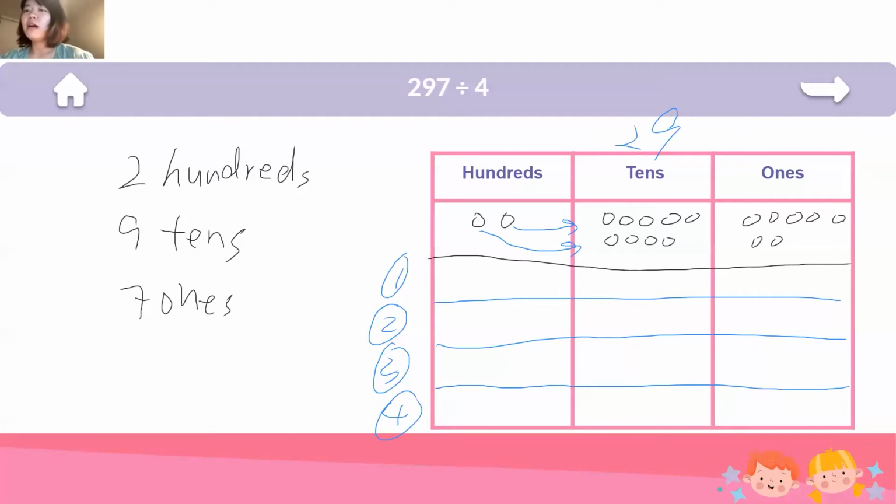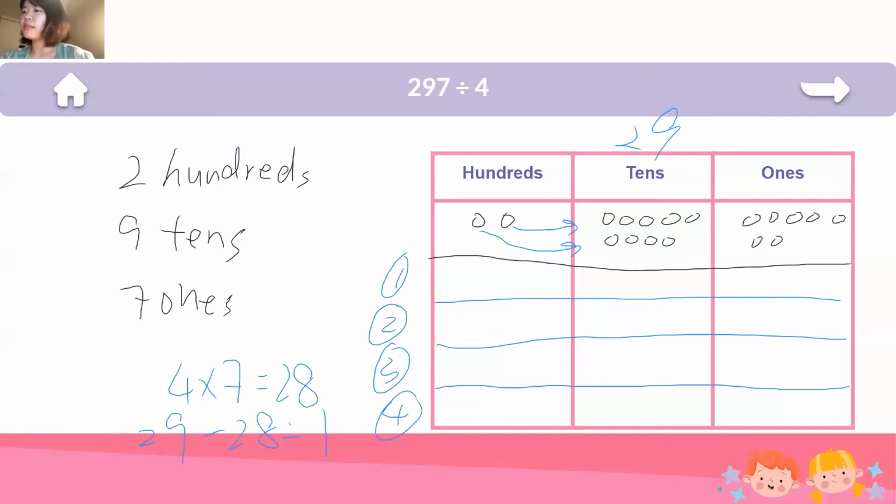29 is bigger than 4, so we can start to divide. What is the biggest number we can put into 4 groups from 29? Let's try 7, because 4 times 7 gives us 28. 4 times 7 is 28, and 29 minus 28, the remainder is only 1.